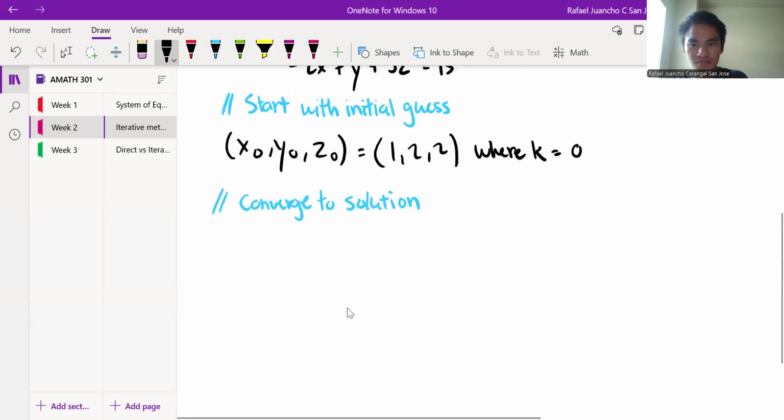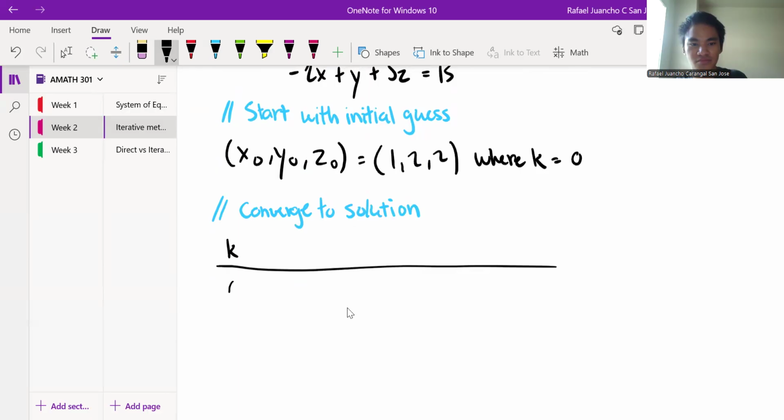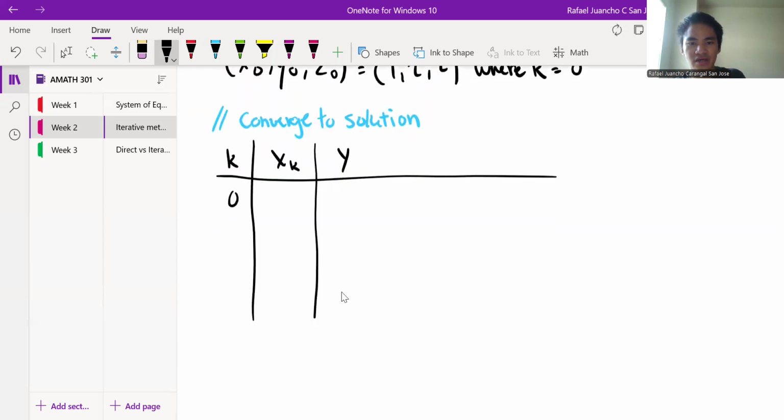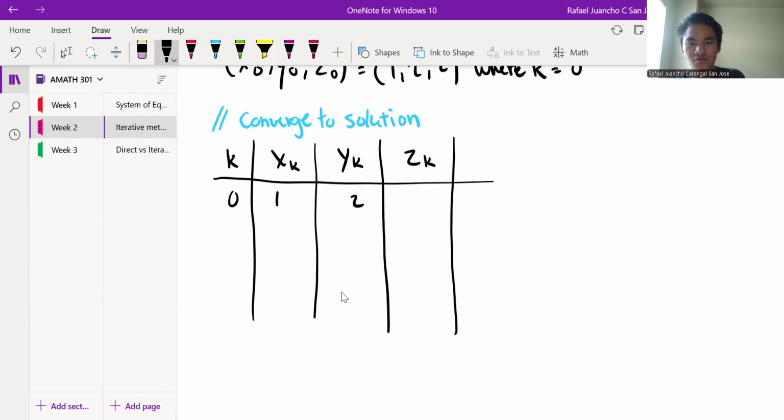Here I'm going to make a little table. My k starts at 0, then I have my xk, my yk, and my zk. So that's the idea. We started at 1, 2, 2, and then we continue.